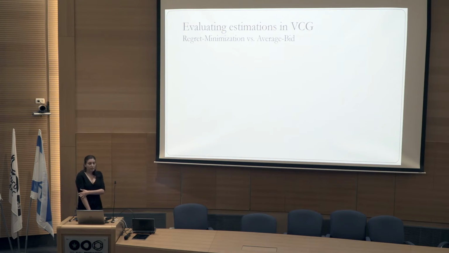The VCG is a very simple case for standard econometrics, because here players should simply play their dominant strategy, should bid their true value. So the standard method would just be to take the average bid that the bidder played in a sequence of auctions as the estimate for his value in these auctions. So we just compare the regret minimization with the standard method of just taking the average bid.